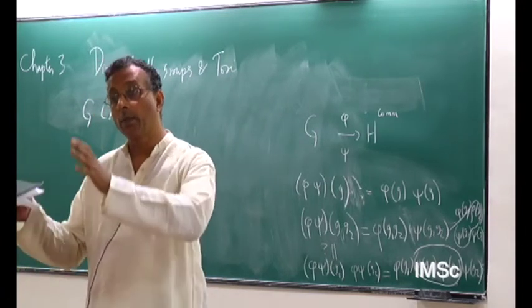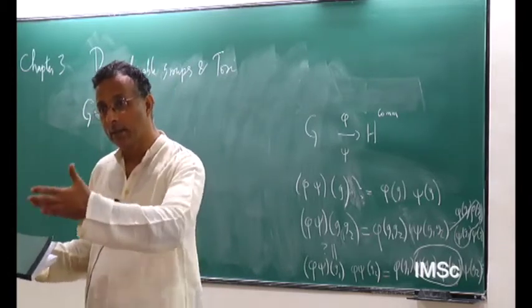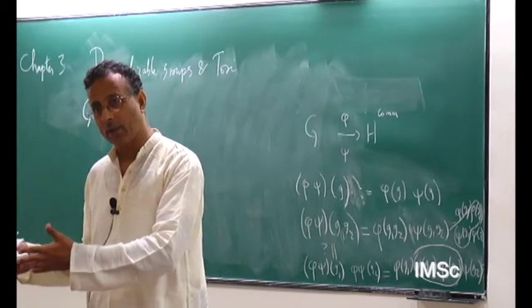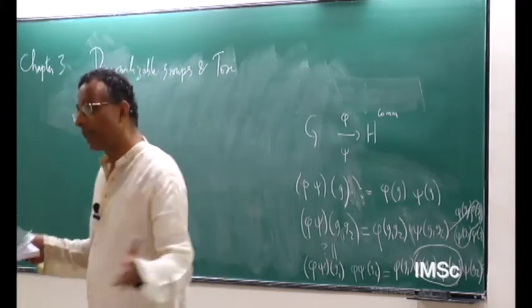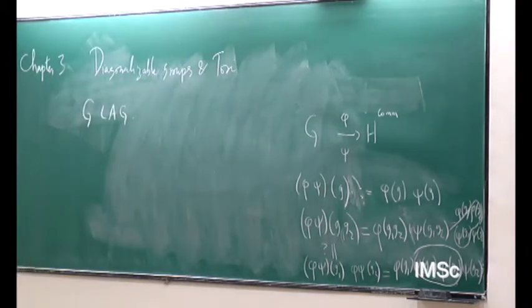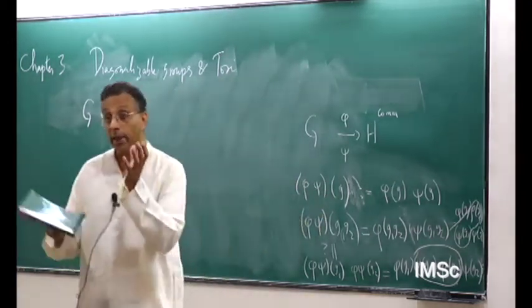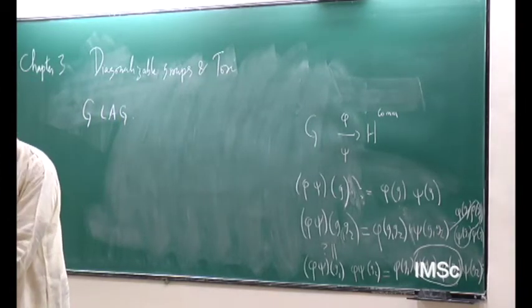By pointwise multiplication, a structure comes on this set. If you have the set of all maps from a set to a ring, you can define an addition and a multiplication. But here I'm not taking arbitrary maps, I'm taking homomorphisms.